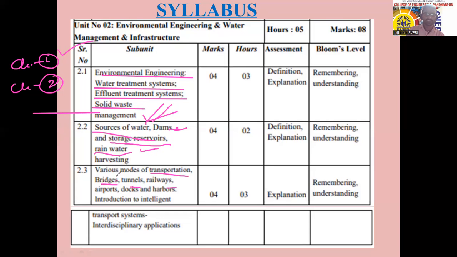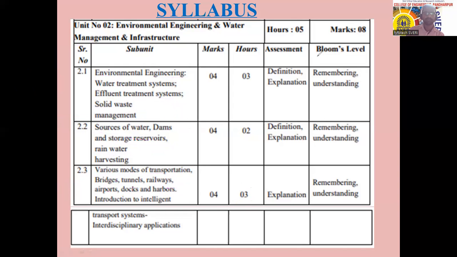Bridges, tunnels, railways, airports and harbors are each a separate subject in the civil engineering branch. Here 3 hours are given, and in that we have to complete the introductory part of all the subjects. Now we will see the remaining part.